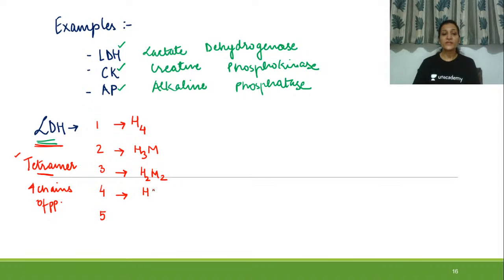LDH4 has 1 chain of H and 3 chains of M. For LDH5, there will be 4 chains of M.